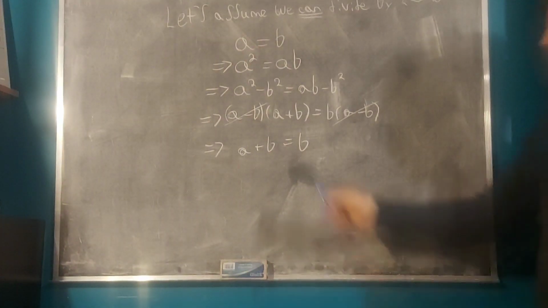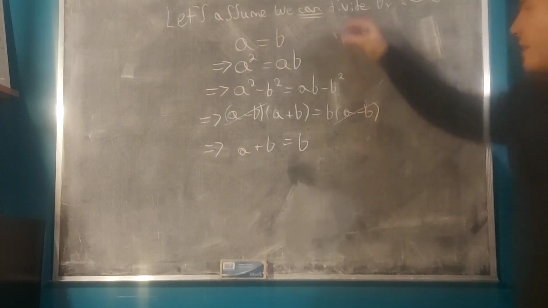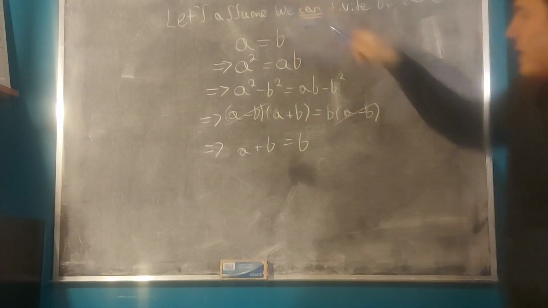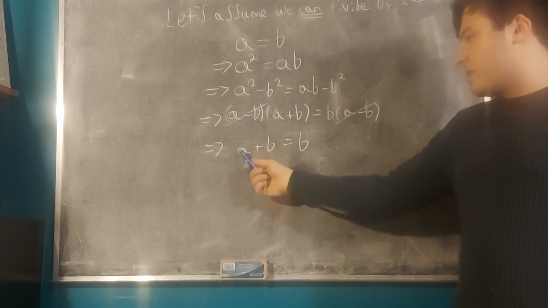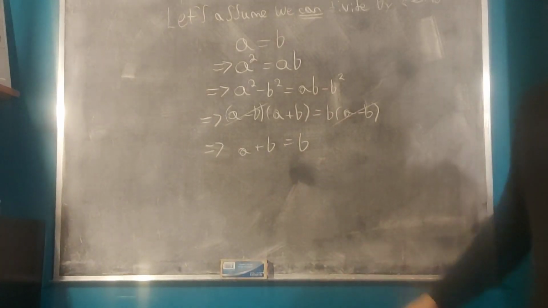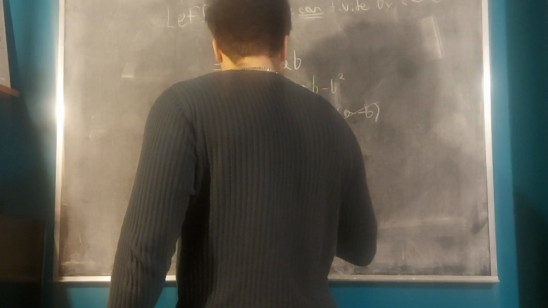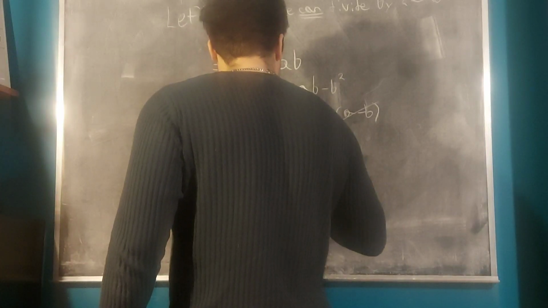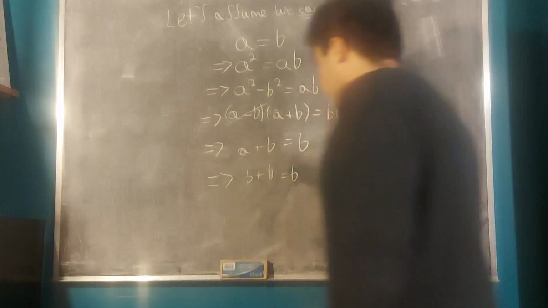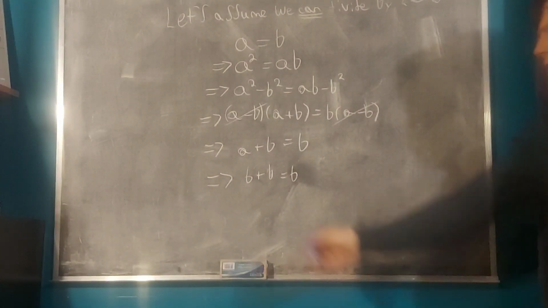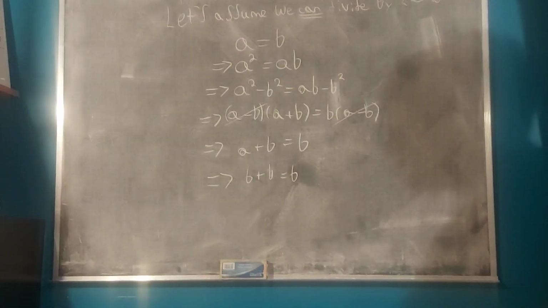Now here we arrive at this equality, but notice back at the beginning we said that a was equal to b, so we can just replace a here with b because they're the same thing. Now we have two b's on the left here, so we can just add them up.